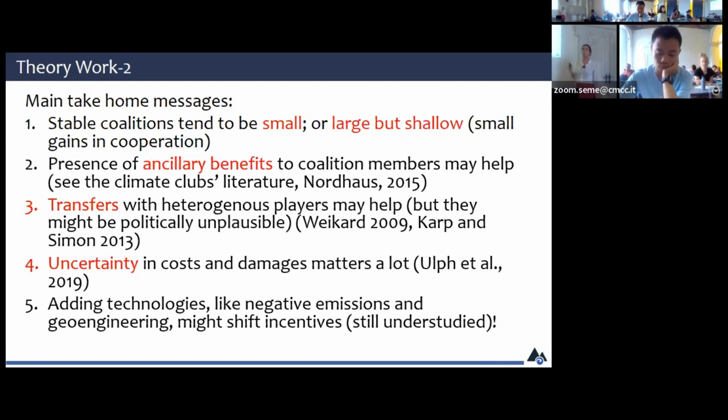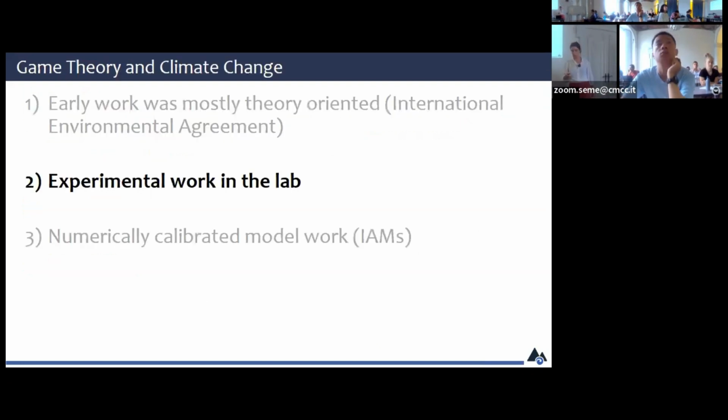I'll show you some papers on the experimental literature, and zero with integrated assessment models, literally. So you can think of a coalition of people with a lot of storage space underground. Or you could think of how geoengineering can basically screw up a lot of the possible coalitions. So this is potentially your Nature Climate paper.